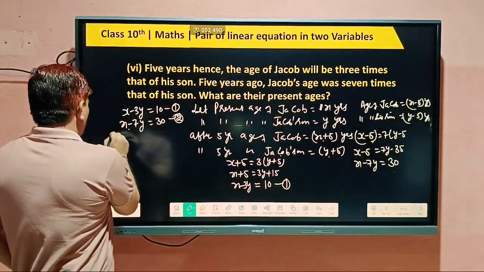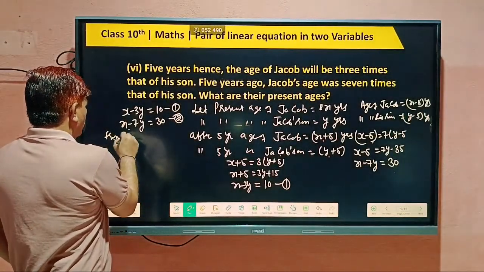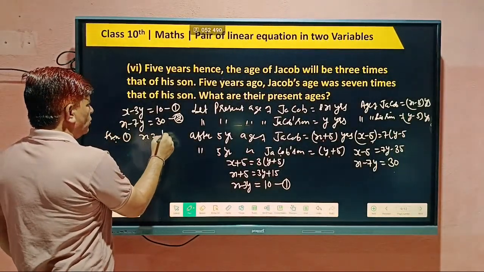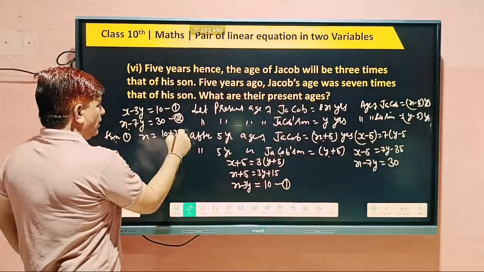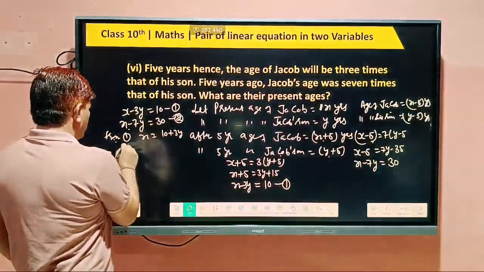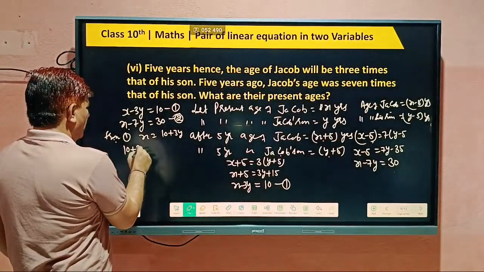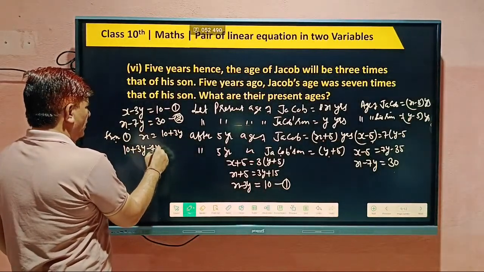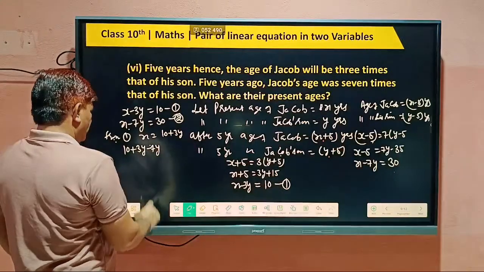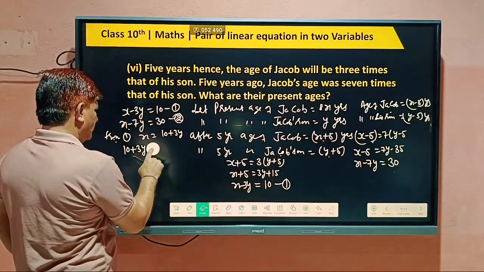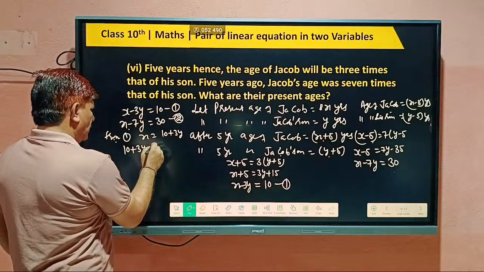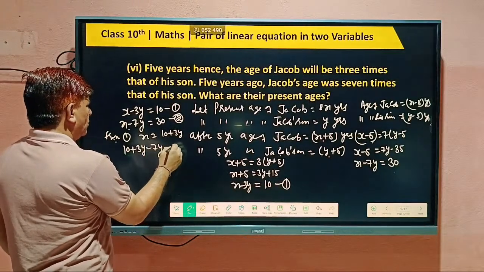From the first, x is equal to 10 plus 3y. And now putting this value in the second: 10 plus 3y minus 7y is equal to 30.